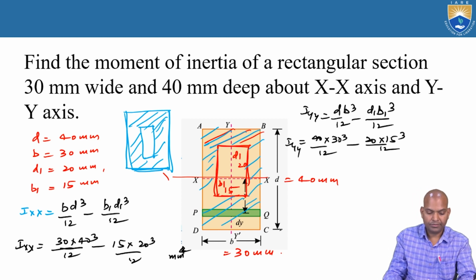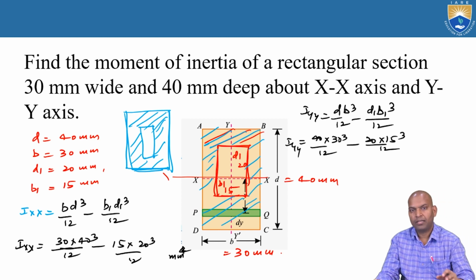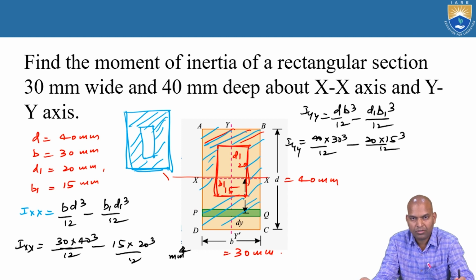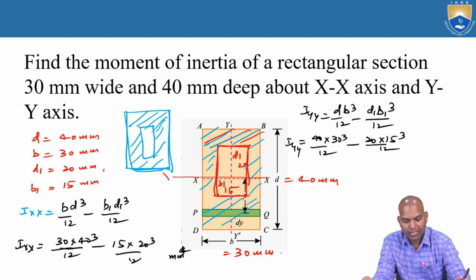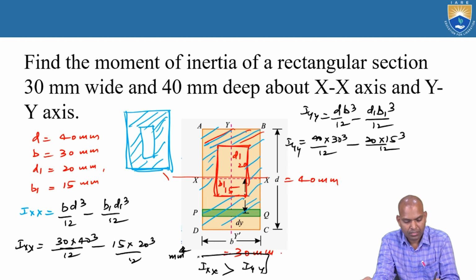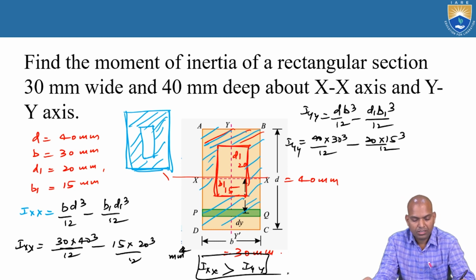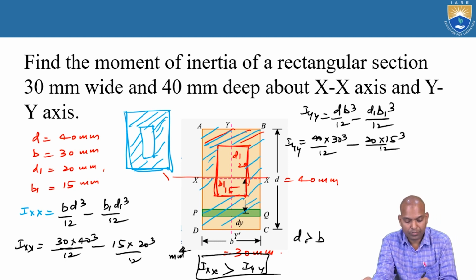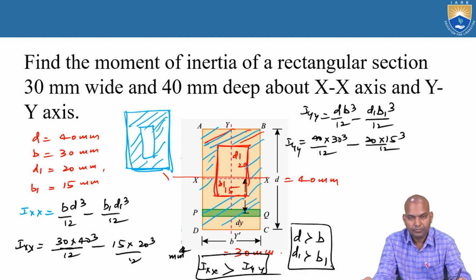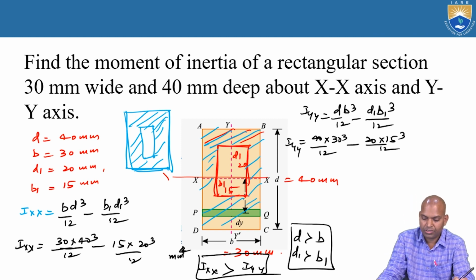Now you can understand which value of the moment of inertia, parallel to the x-axis, the central Ixx, is greater or smaller. Yes, here the Ixx value for this case is larger than Iyy, because the depth d is greater than b and d1 is greater than b1.